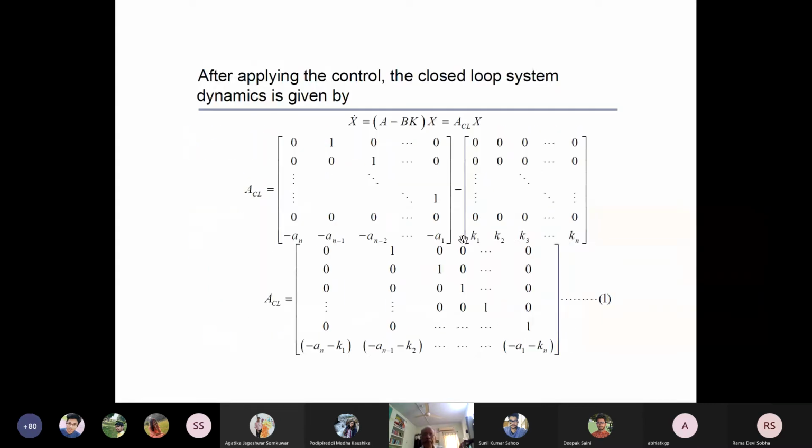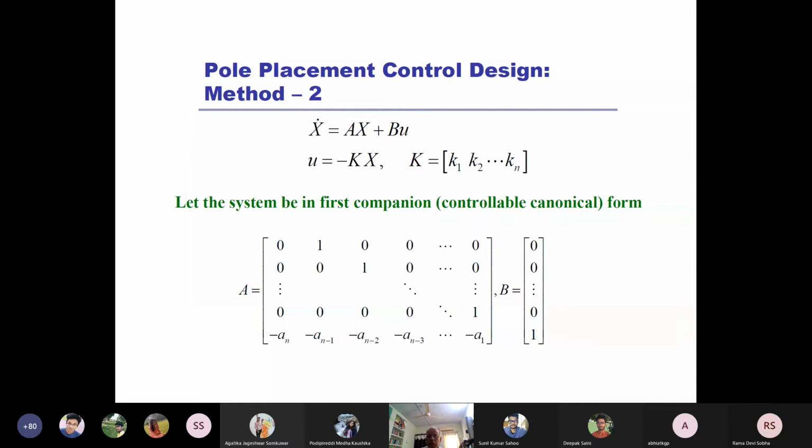So this is basically the method where the order of the system is more than 3. The first step is that I have to write this equation in terms of the controllable canonical form.